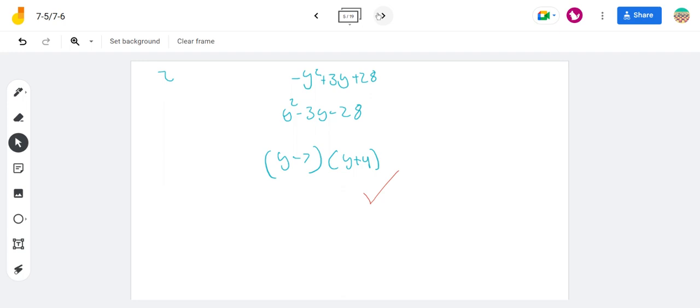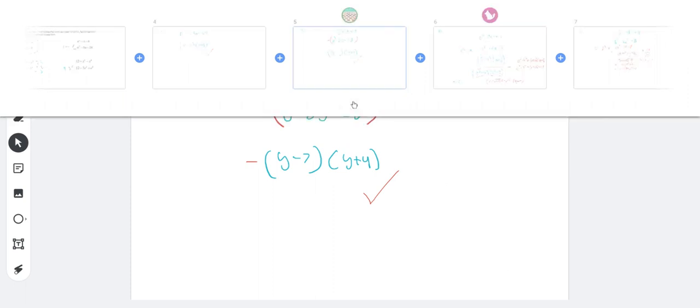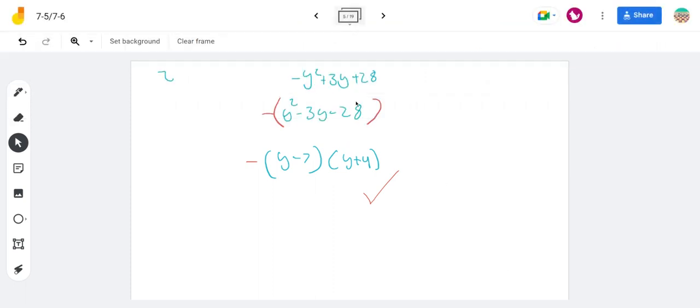And then the next one is, if you factor out the negative 1 over there, you should remember to put back the negative 1. Okay, so for slide number 5, if you factor out a negative 1, you should remember to put back the negative 1.